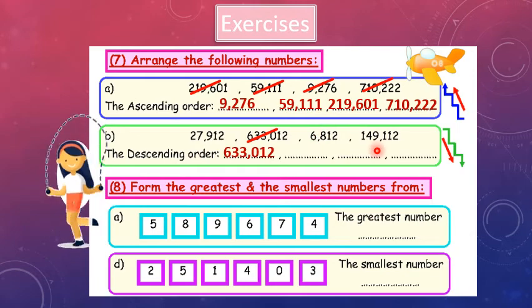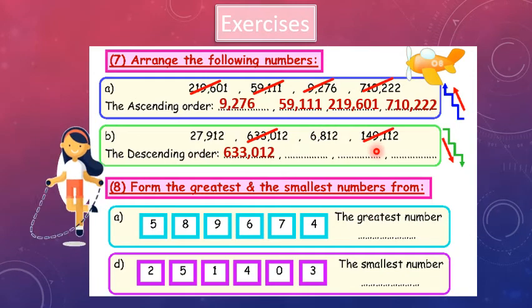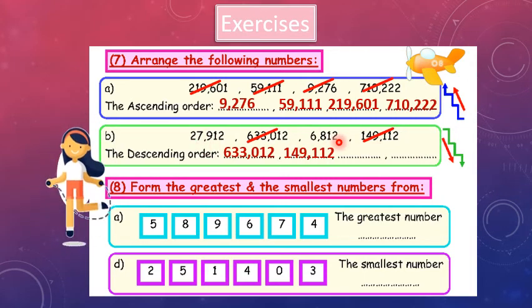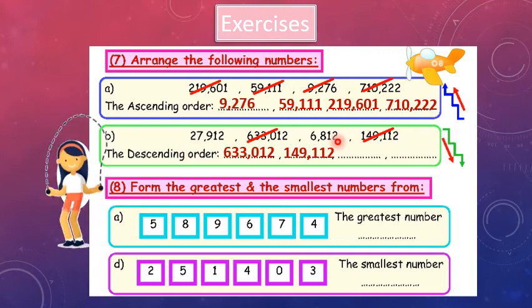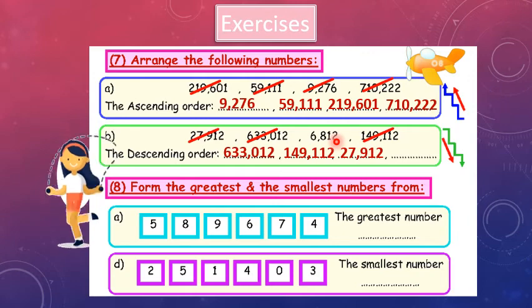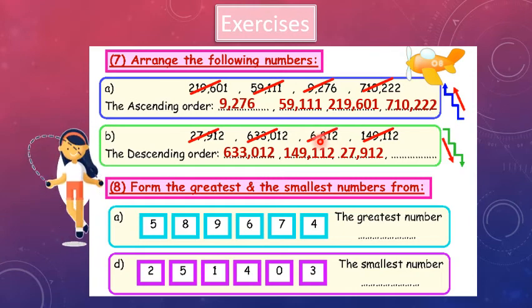Next one will be 149,112. We have here 5 digits and 4 digits. Then 5 digits is more than 4 digits. Then it will be 27,912, and the last number will be 6812.